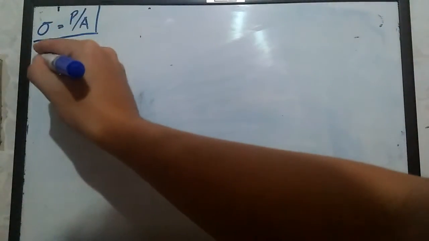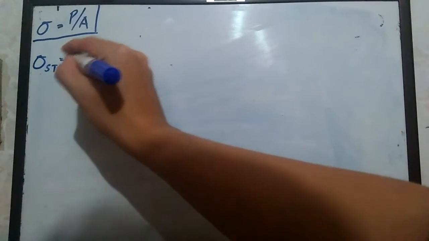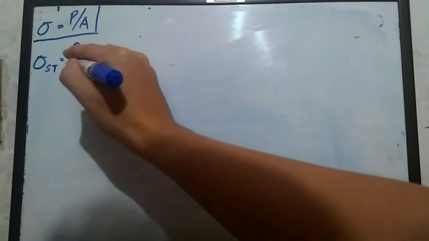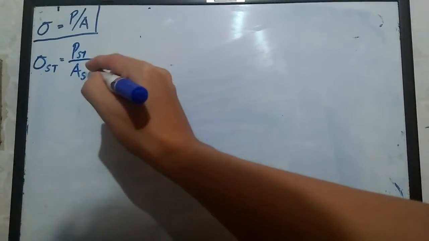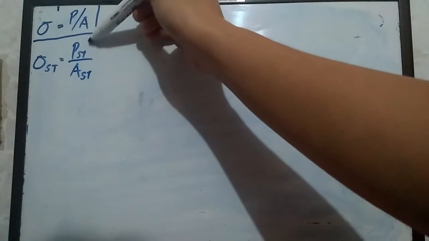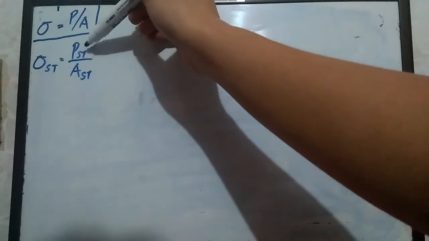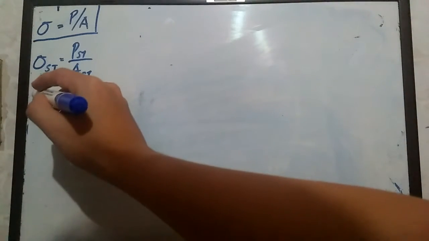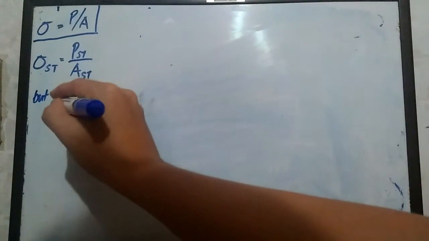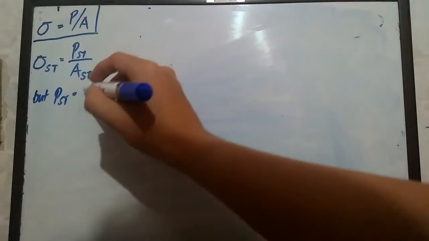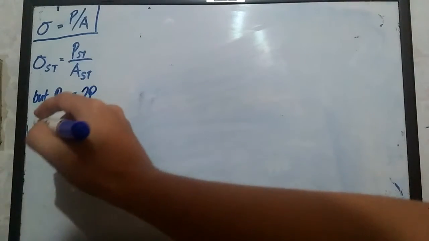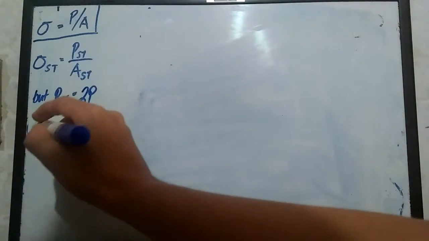So sigma sub st for steel is equal to P sub st divided by A sub st. We just need to solve for P sub st, and based on our solution just recently, P sub st is equal to 2P.